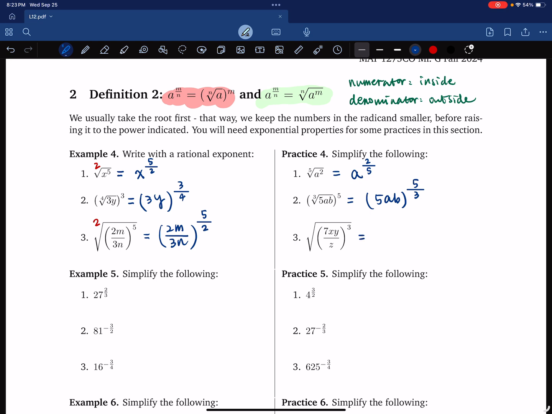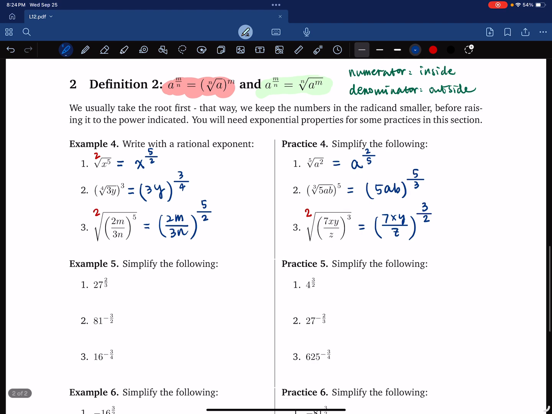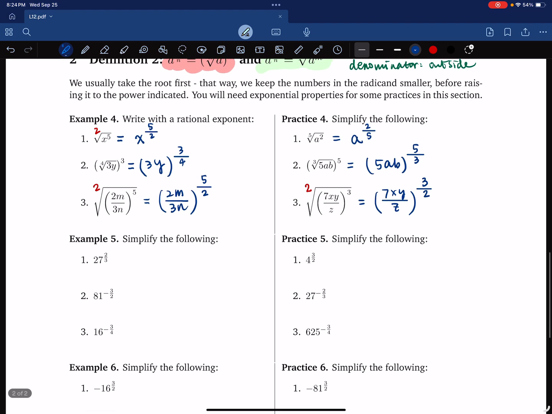Practice side, base 7xy over z. Index is 2. That's your denominator. And then exponent is 3. That's the numerator. And that will be example 4 and practice 4.